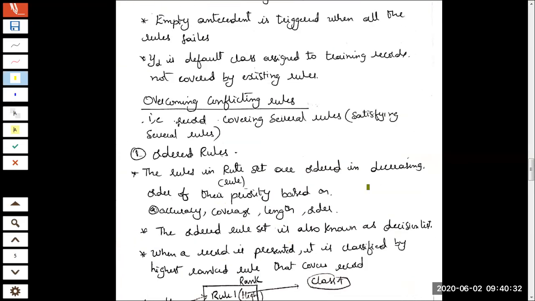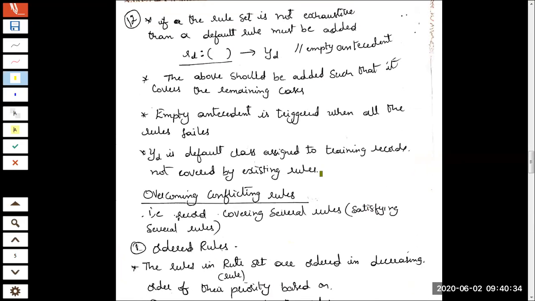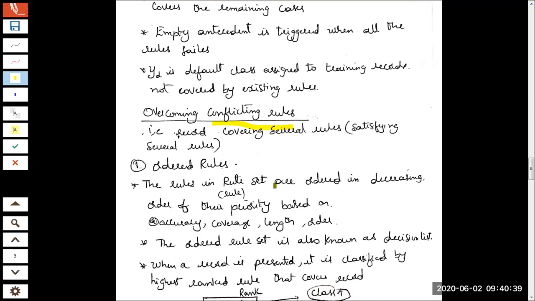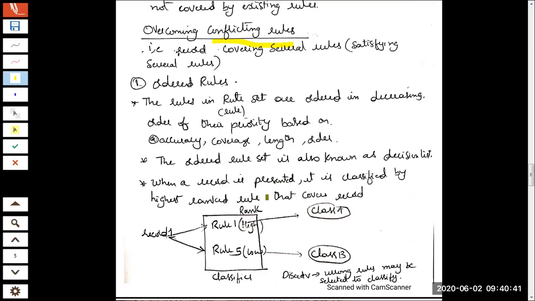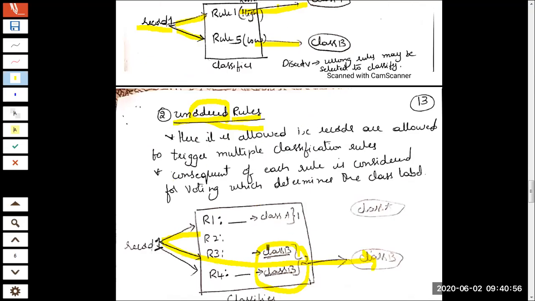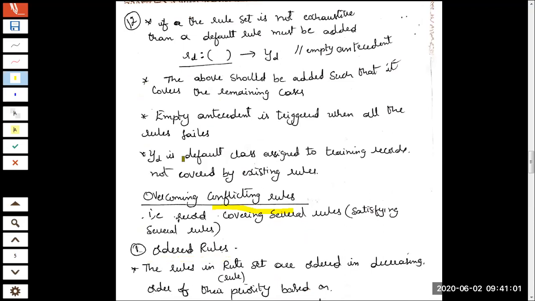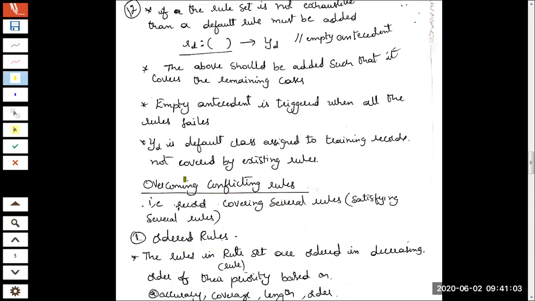Just to summarize, we understood how the conflicting situation that arises when a record is triggering multiple rules, which are taking that record to multiple classes, can be resolved. Two popular ways of doing it we understood: one is ordering the rules, the other one is unordered rules. We understood the benefit of those mechanisms.